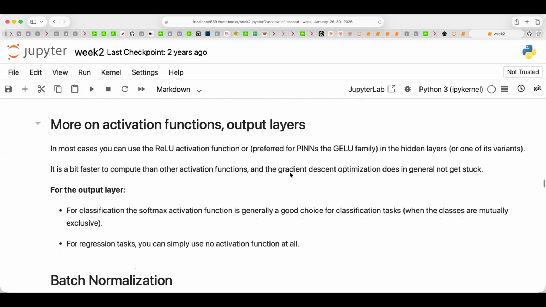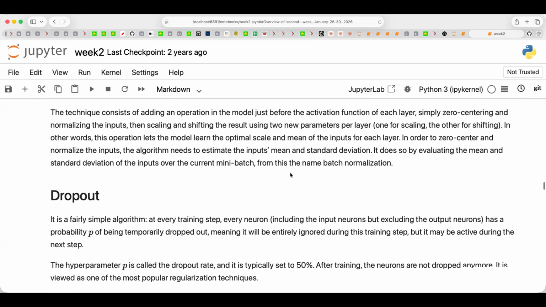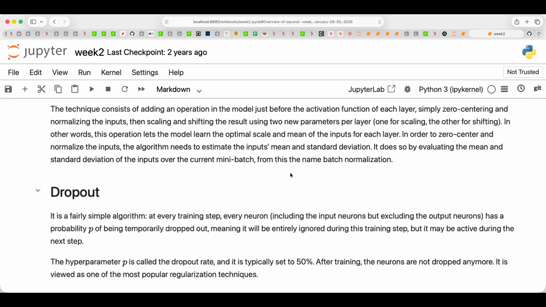There is a little bit more here on activation functions. There are tricks like batch normalization. The textbook by Goodfellow, Bengio, and Courville has chapters 11 and 12, which I normally recommend taking a look at because they have collected many practical tips and hints on training of neural networks, convolutional neural networks, and recurrent neural networks.